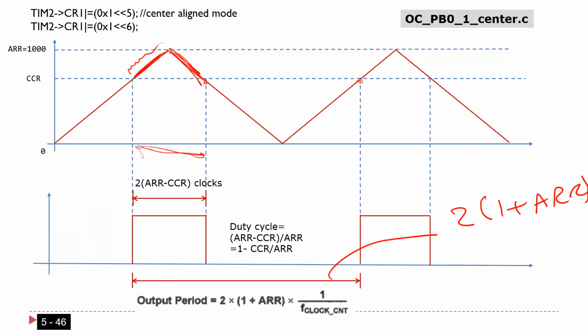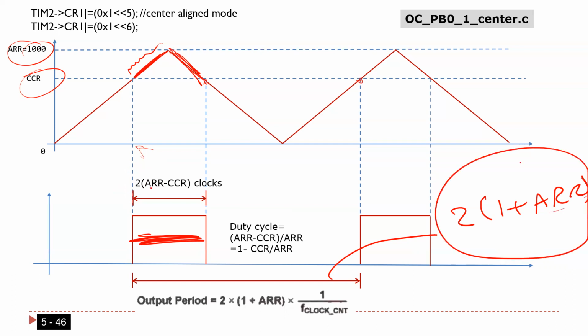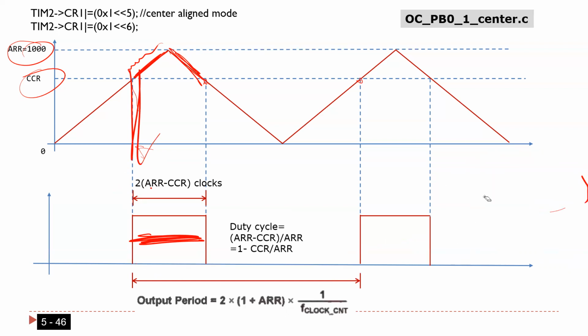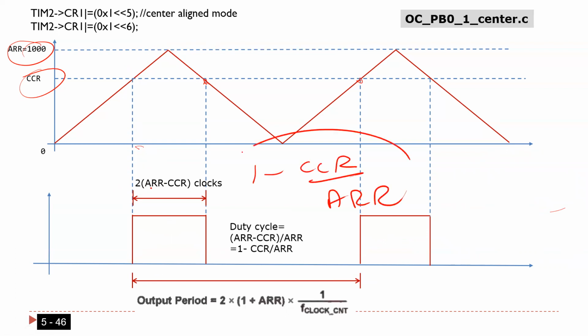It's ARR minus CCR, so the count is 2 times (ARR minus CCR). I divide it by the total count for the whole period. So the duty cycle is 1 minus CCR divided by ARR.